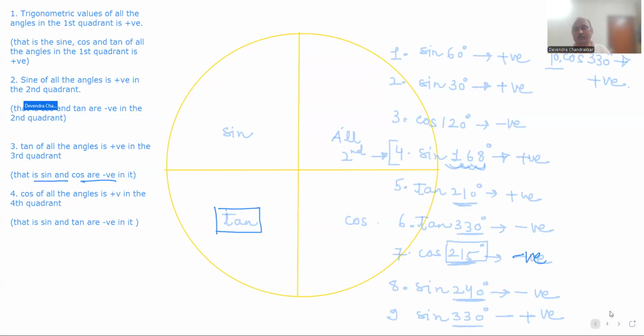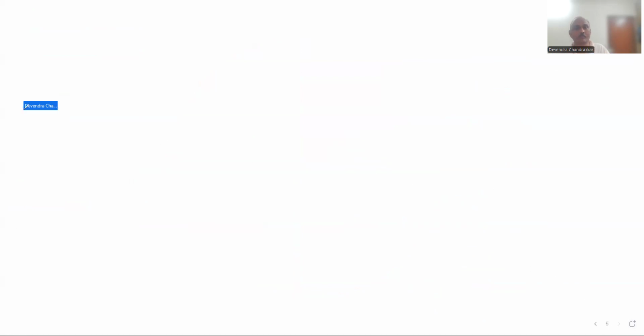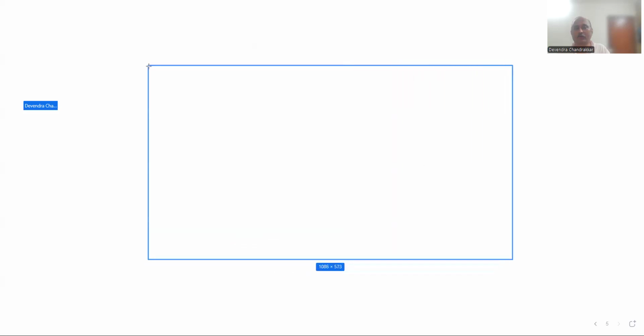Now we move ahead to the next part. I'm drawing a trigonometric table for all of you. You can draw this table with me. You need to memorize it.